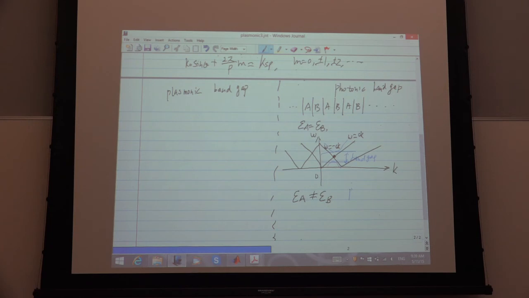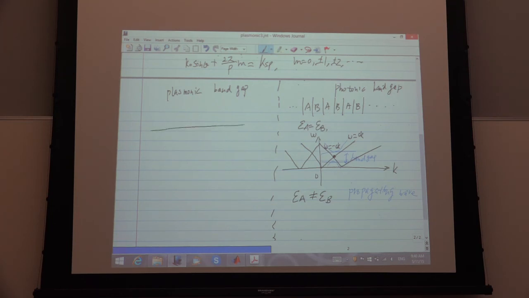This is important: it is a propagating wave. So this is very similar, though maybe there are some differences, to the surface plasmon. Now we'll talk about the surface plasmon.